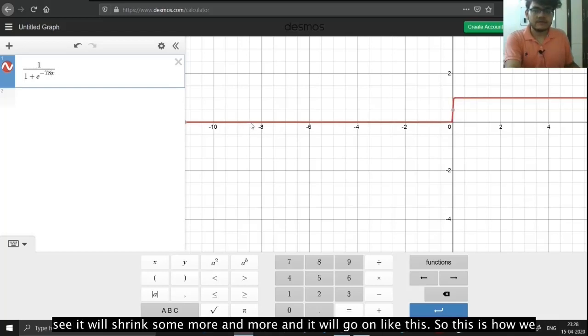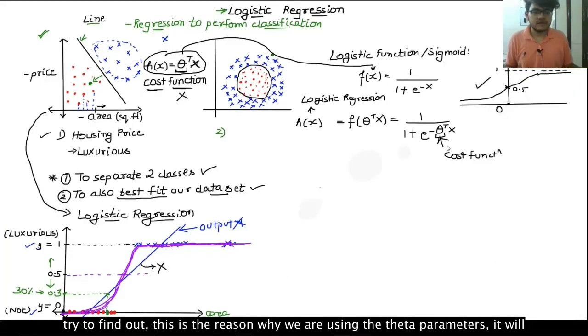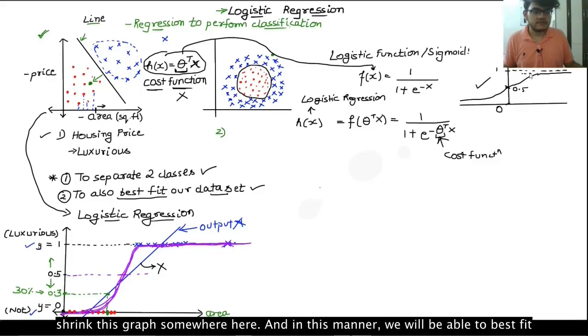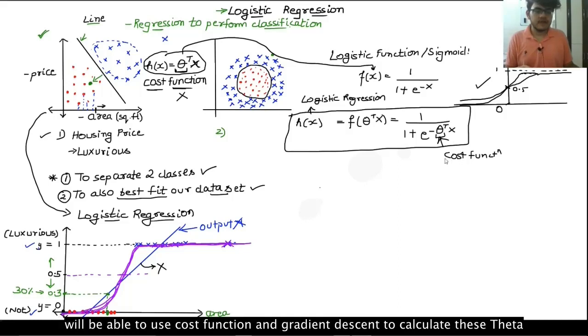This is the reason why we are using the theta parameters. It will shrink this graph somewhere here, and in this manner we will be able to best fit our data set. Now we will have to calculate this hypothesis function, and after that we will be able to use the cost function and gradient descent to calculate these theta parameters.